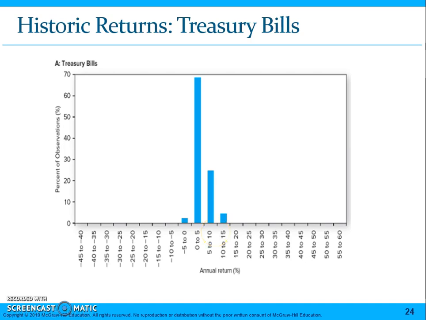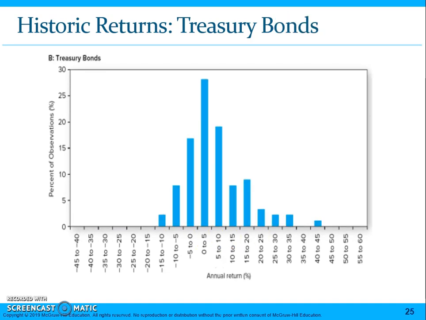Then when we switch to bonds, we see something that looks a little more like a normal distribution. But again, the vast majority of the Treasury bond returns are in the 0 to 5% range.